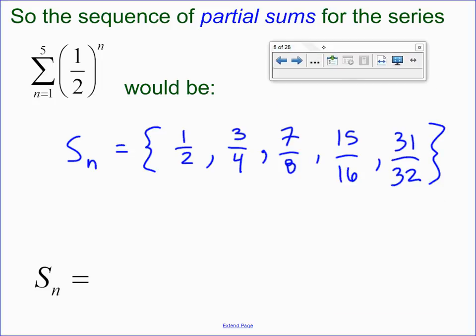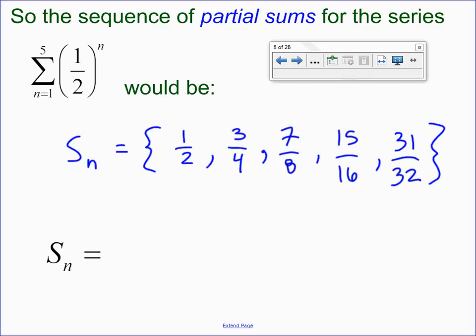Can we generalize the formula for the nth partial sum in this particular series? Can we write a formula based on n that would give us the nth partial sum?